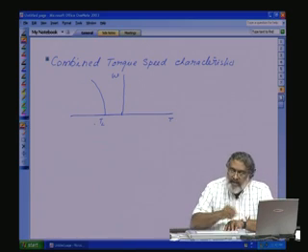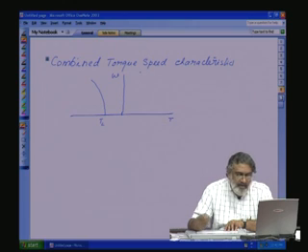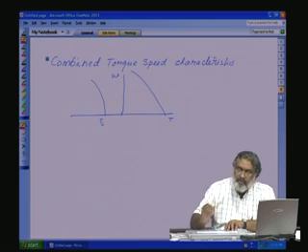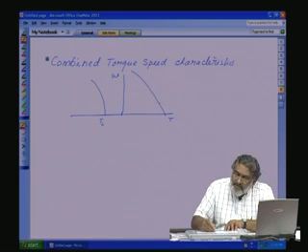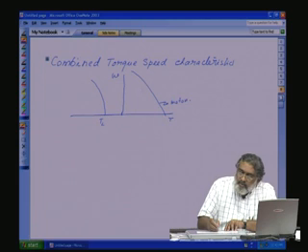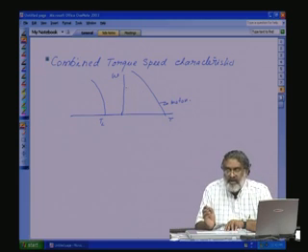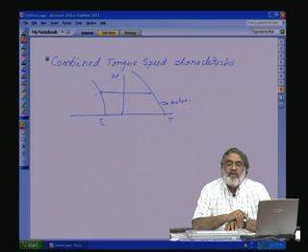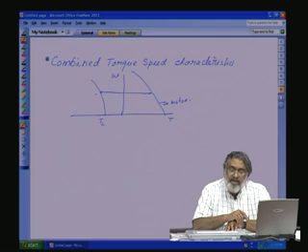Now, let us take the speed torque characteristic of our motor. Let it be something like this. That is our motor driving torque. Now, in our speed control system, the system will come to a stable state where the load torque is equal to the driving torque, approximately this point.